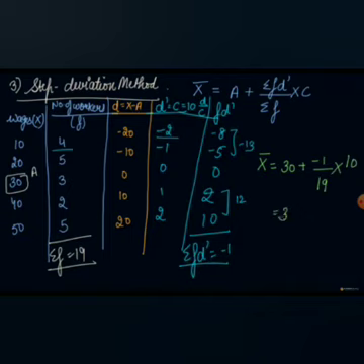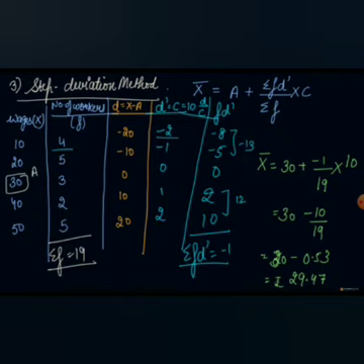So you get 30 minus 10 divided by 19, which is equal to 30 minus 0.53 again, which is equal to 29.47, the average wages of the worker. So in this way you can find your simple arithmetic mean in the case of the discrete series.